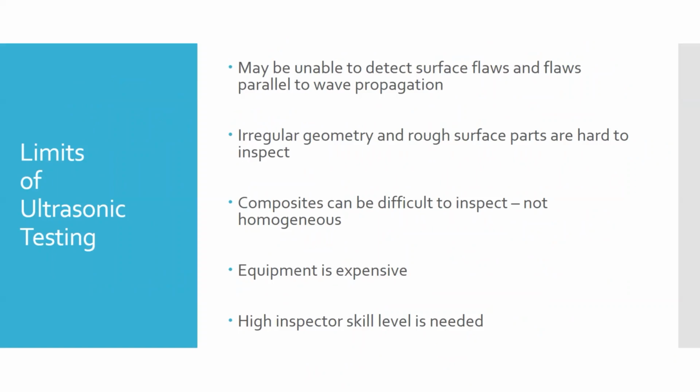Composites, though this can be used on composites, aren't always the easiest to inspect. The nature of composites is that they're not a homogeneous material. You typically have some kind of a reinforcing matrix in there, glass fibers, carbon fibers, even metallic honeycomb, and then you have your different plastics, your epoxies, that make up the plastic component of it.